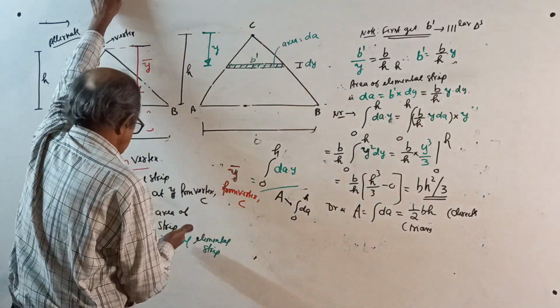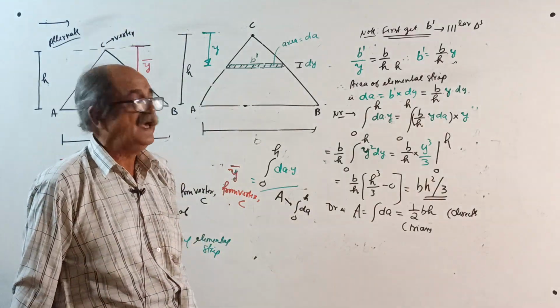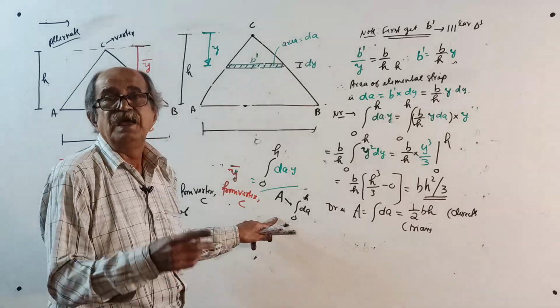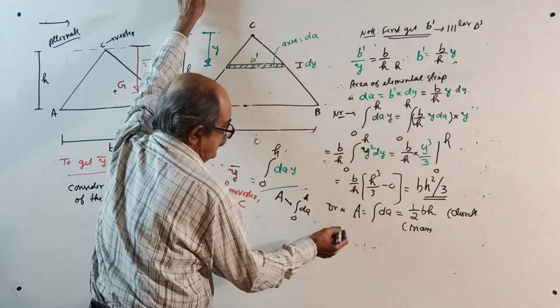Once I say y bar from vertex, it is from vertex. That much common sense should be there. Don't make an issue of it. I forgot to change the statement there. Now, the denominator is the area.